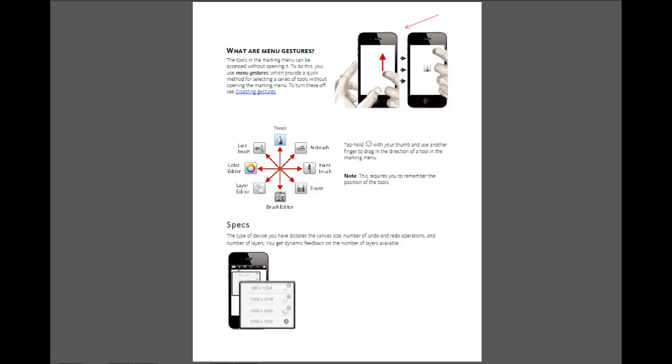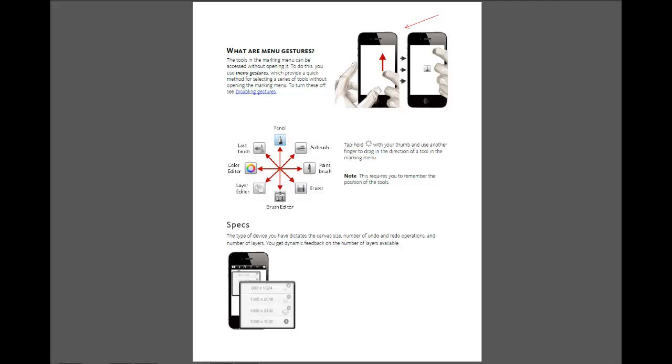Eventually touch will be familiar to most people, and a literal representation probably won't be necessary, but right now it may be the case that you need to do something like this. Even Apple includes literal representations of fingers in their PDF user guides for the iPhone and the iPad.